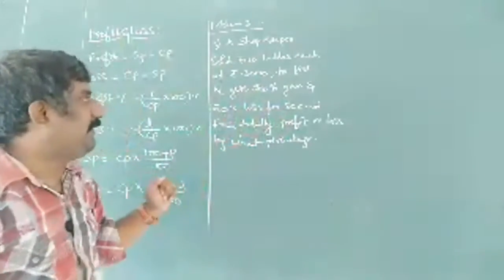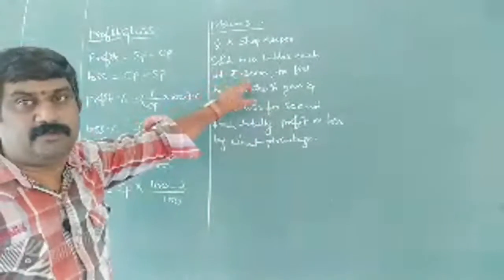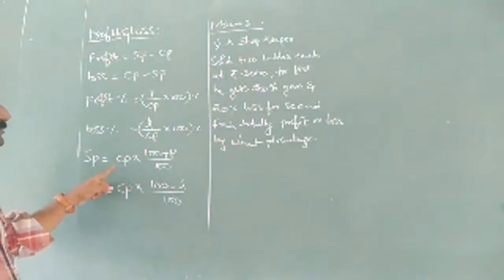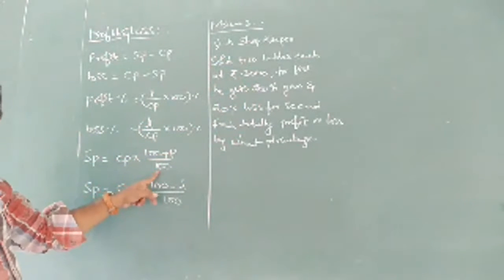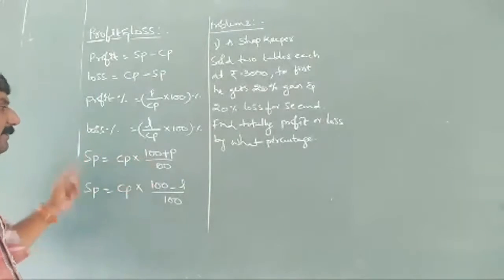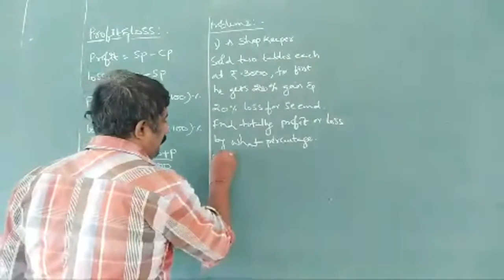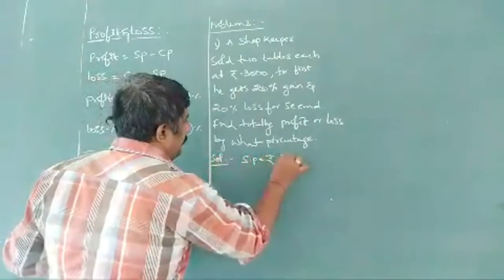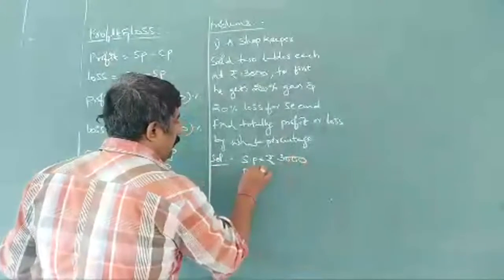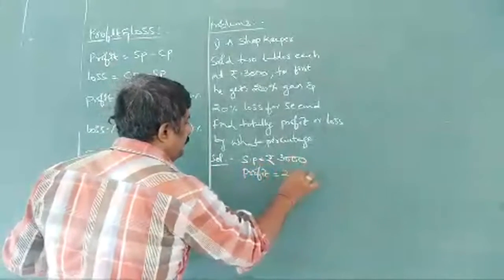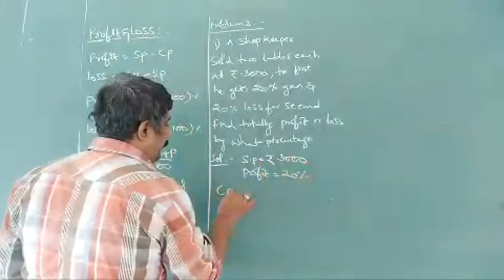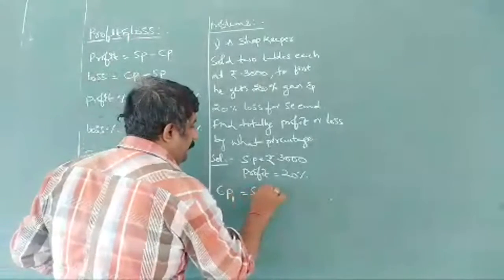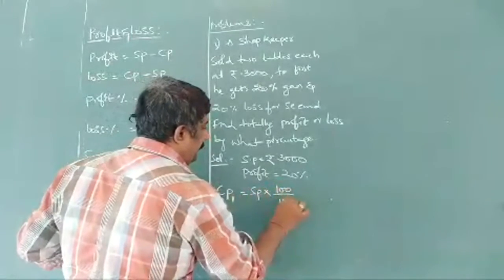So for this what we have to find, we know the SP here for both is 3000 only. We need to get the cost price here. So we have the formula SP is equal to CP into (100 plus P) by 100. If you transpose this to that side, it becomes, for the first one, selling price is rupees 3000, profit percentage is 20%. Now CP1, the cost price of the first table, can be given as SP into 100 by (100 plus P).